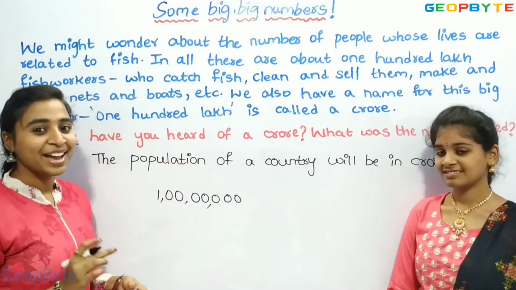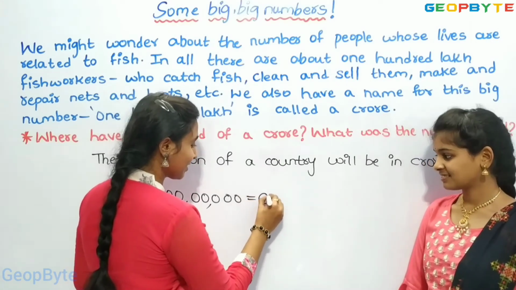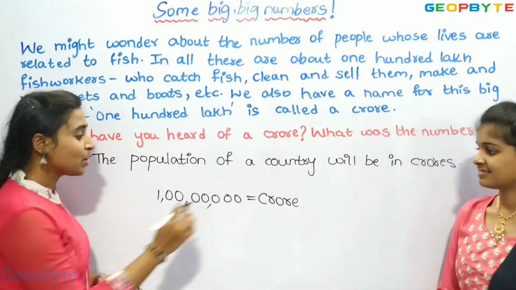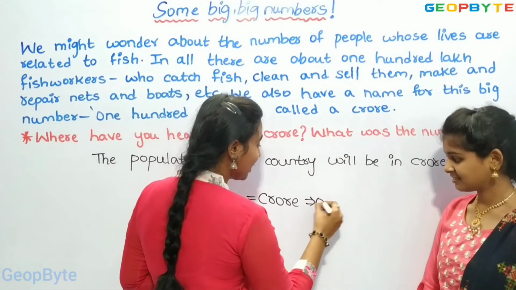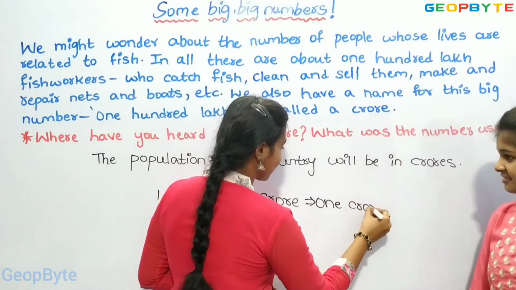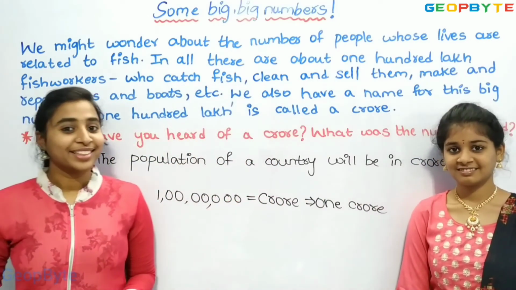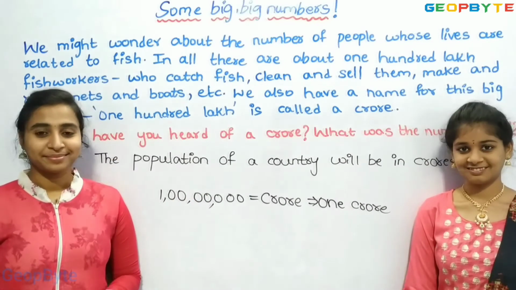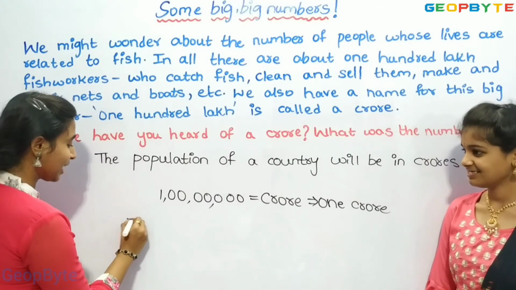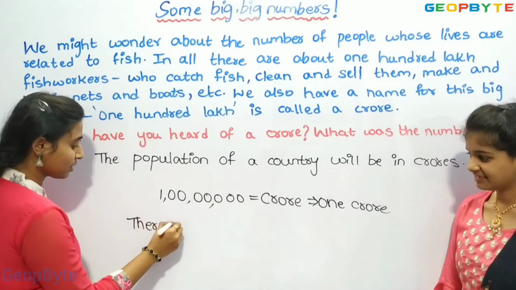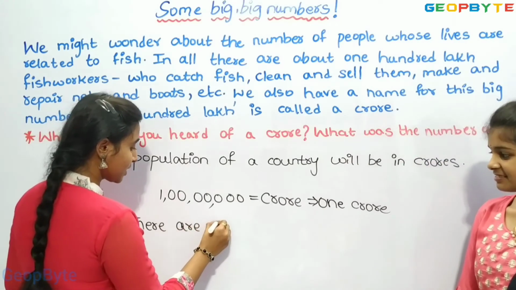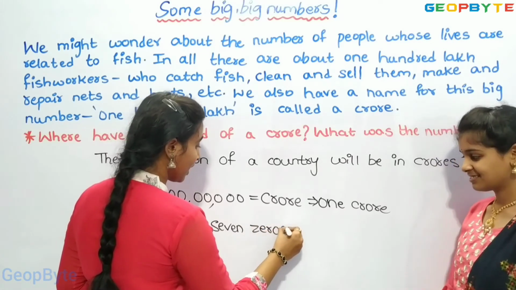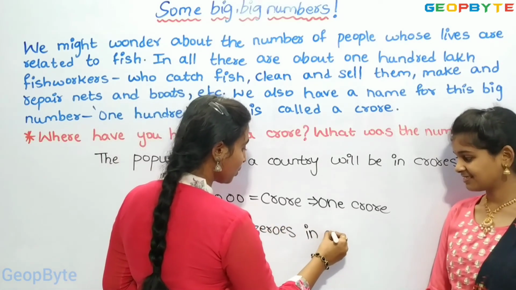So, this is a crore. Children, the number which has 7 zeros is called 1 crore. Let us write: there are 7 zeros in 1 crore.